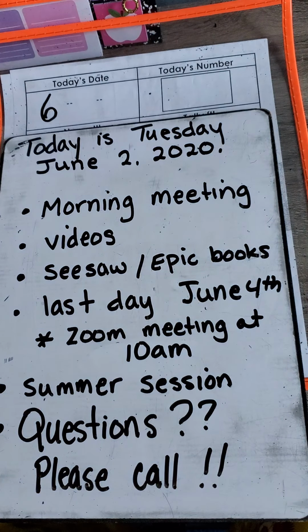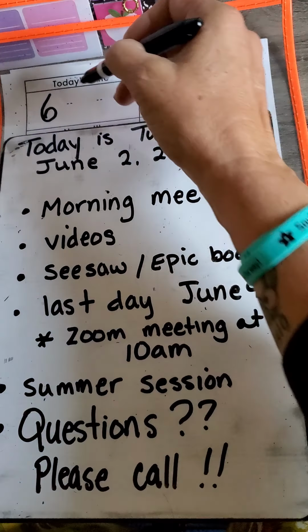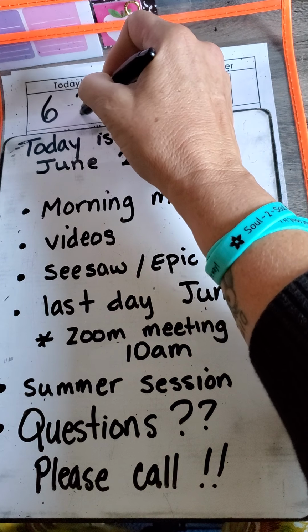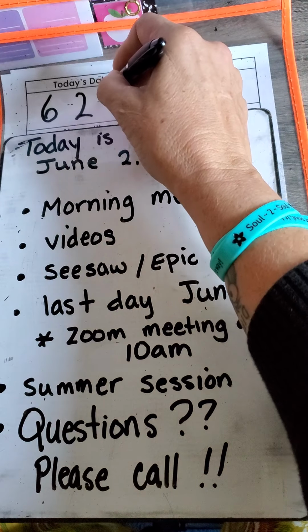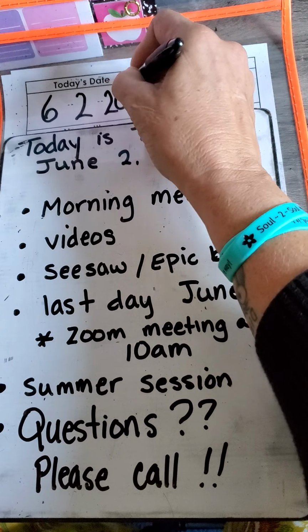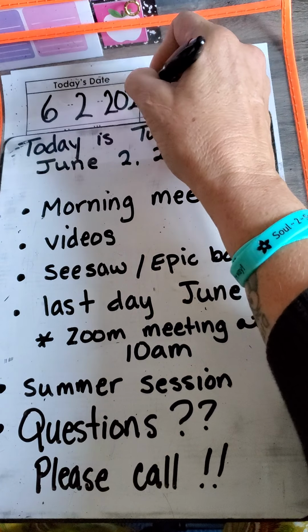Check your data on the board. How many days are we into June? Yep, you see it right here, this number 2, so the 2nd. So it's 6/2. Right, and the year is 2020. You can put it 20, it doesn't matter.